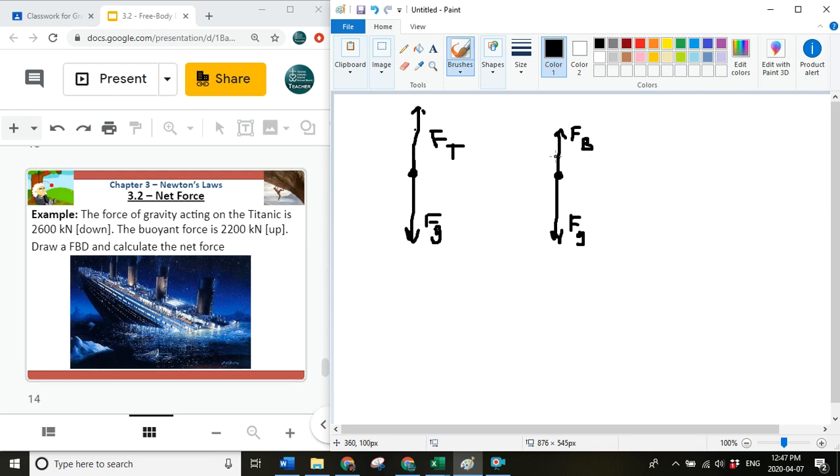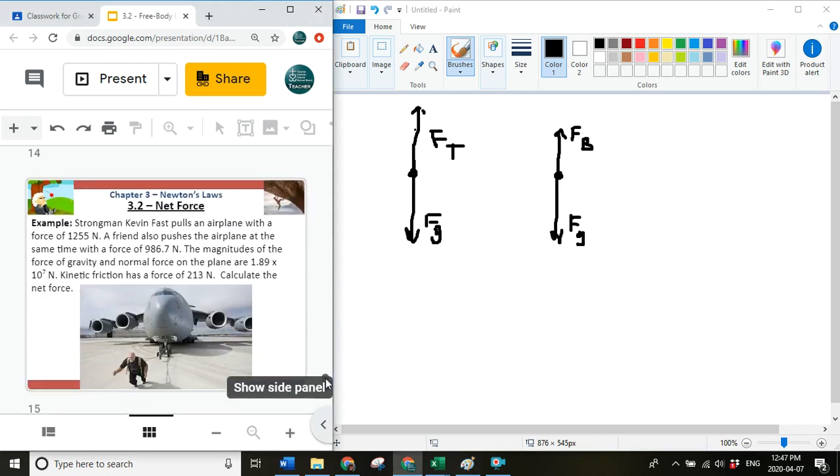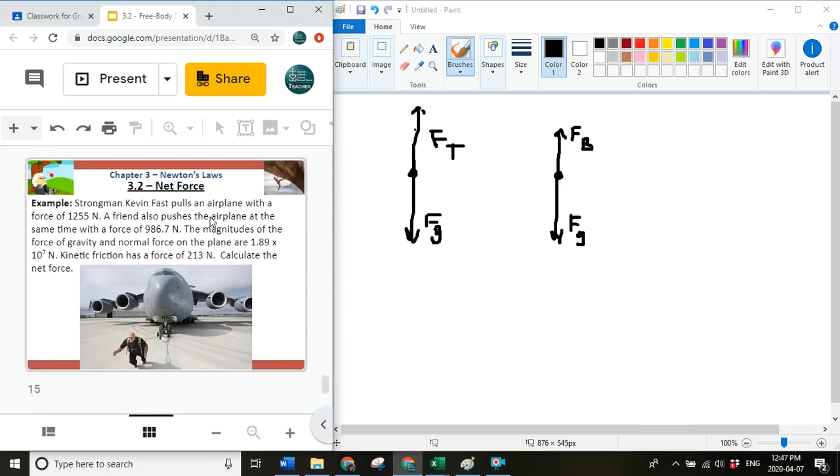And the buoyant force, which should be balanced with the gravity, is no longer balanced. Gravity overpowers the buoyant force, and so as you'll see in 3.4, this ship is accelerating downward. The gravity is stronger than buoyancy. Sad story.